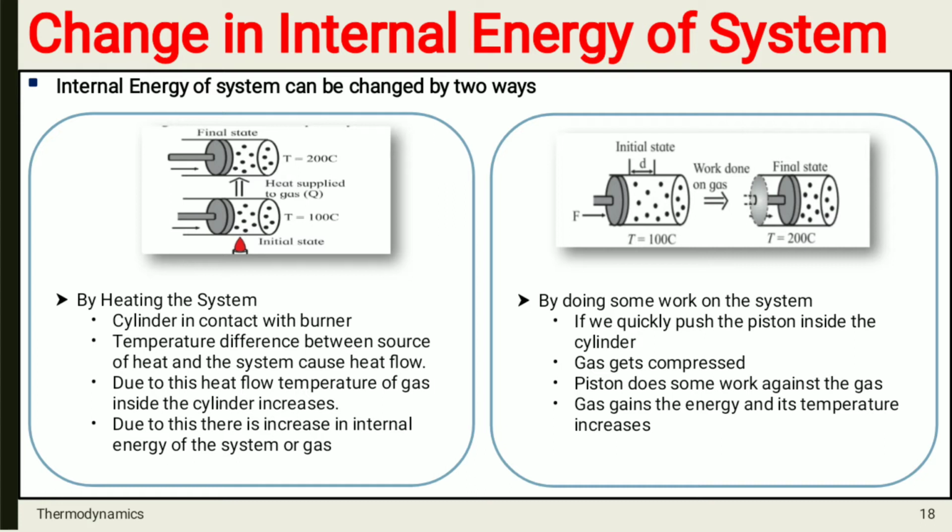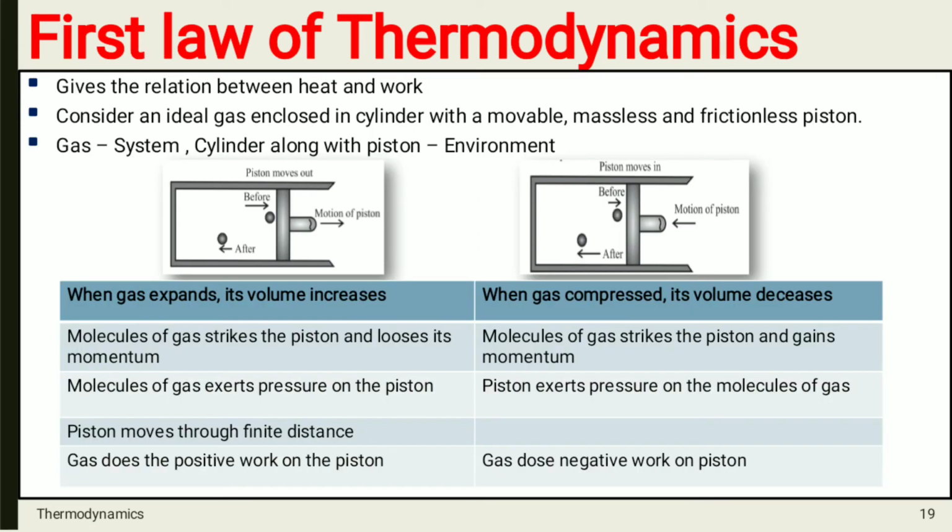This leads us to the first law of thermodynamics. Now we are going to study the first law of thermodynamics. First law of thermodynamics shows us the relation between work and heat.